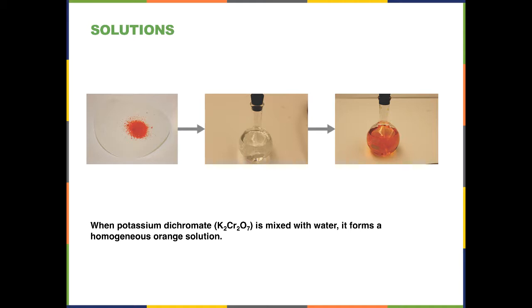Now, potassium dichromate forms ions, and so when it reacts it looks like this. The potassium dissociates itself from the dichromate ion and flows through the solution independent of the dichromate ion. And we're going to look at how that occurs in just a little bit.